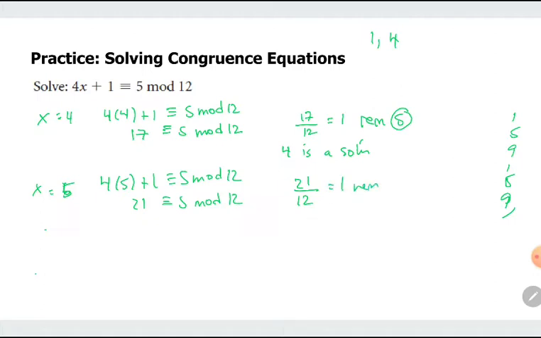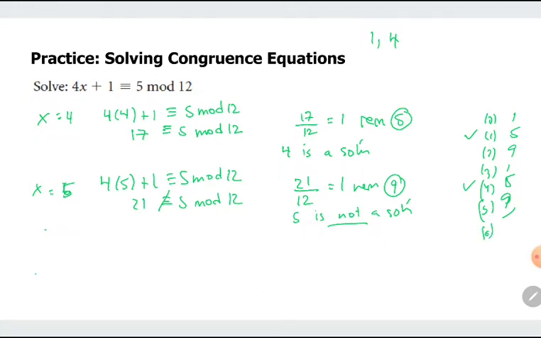The difference between 12 and 21 is 13, 14, 15, 16, 17, 18, 19, 20, 21. Yes, a remainder of 9. So this is not a solution. So basing on the pattern, this is for 0, this is for 1, 2, 3, 4, 5. So here are my solutions so far.